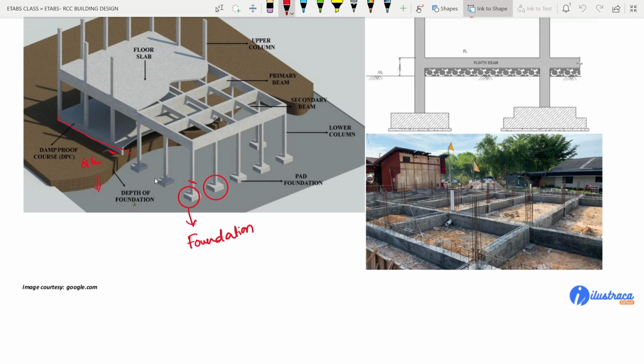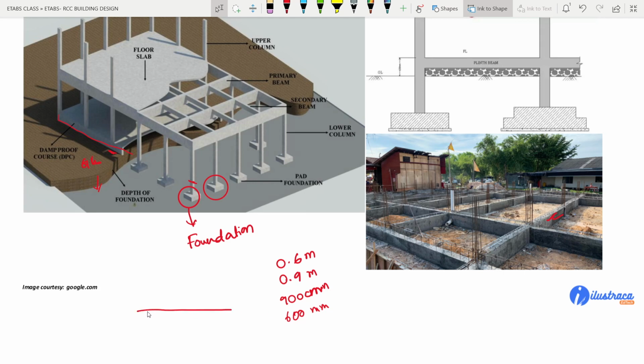It is a very common construction process. These beams can be, in general practice, from 0.6 meter to 0.9 meter, or 600 mm to 900 mm from the ground level.